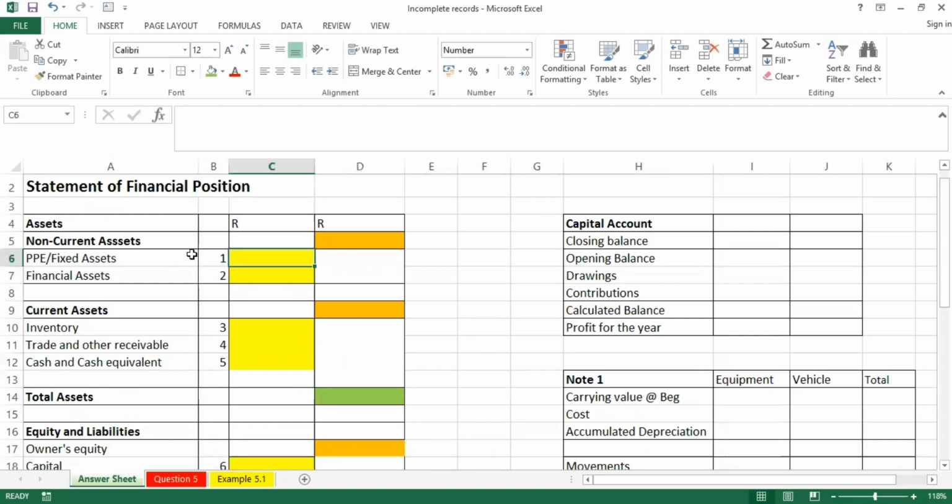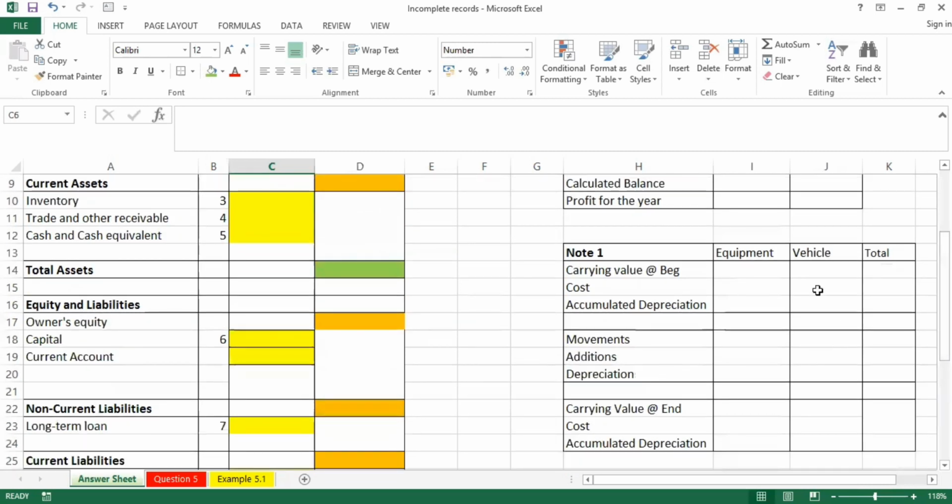I've already typed in all the information on how to do our PPE. We'll start with our carrying value at the beginning. Firstly, we have to get our cost and then our accumulated depreciation in order to get our carrying value at the beginning.